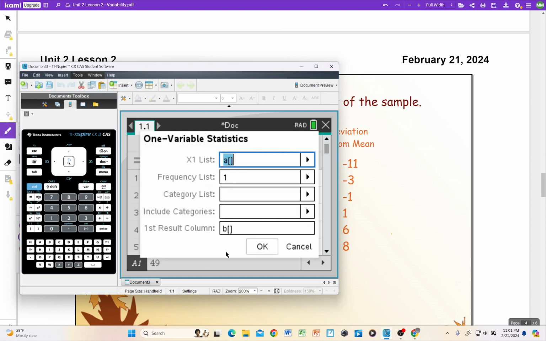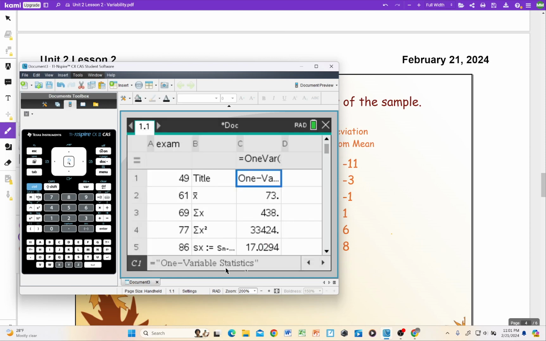Most of this, again, you're not going to touch. Frequency should be one. Categories, don't worry about. We'll never really use it. Our data list is A. It's column A. And first result column is B. That means all the data is going to go into B.